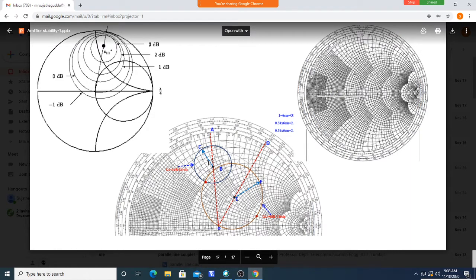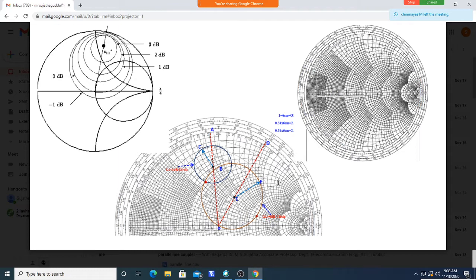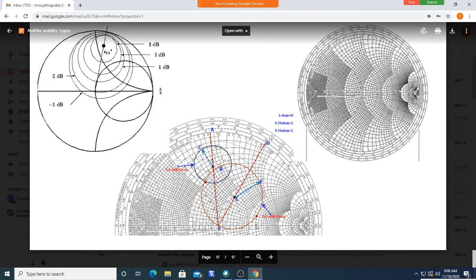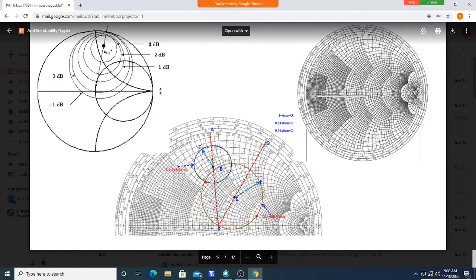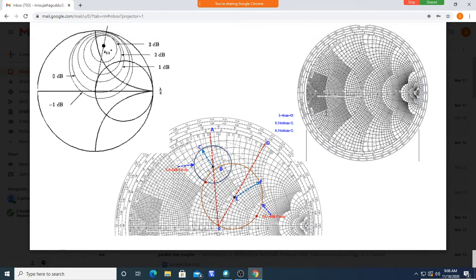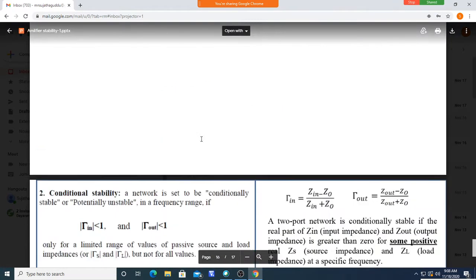We will be drawing this constant gain circle, but you do not choose the values. Before choosing the values, you should first check the stability condition. To check the stability of the amplifier, here is the method.